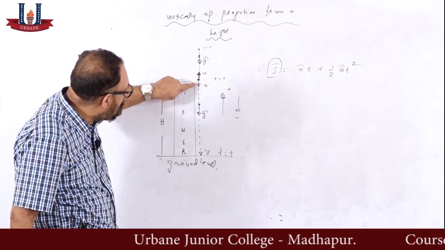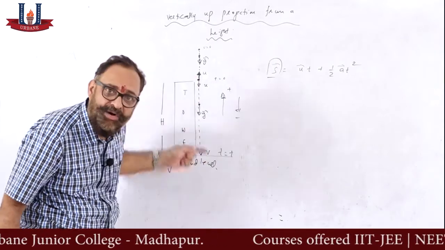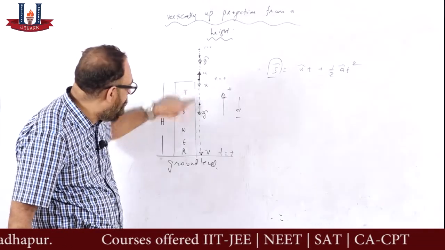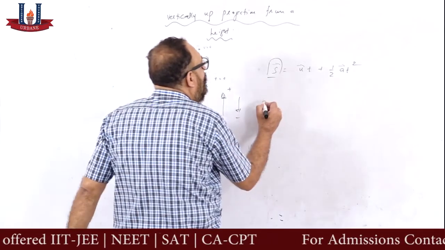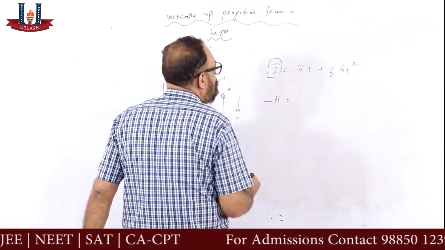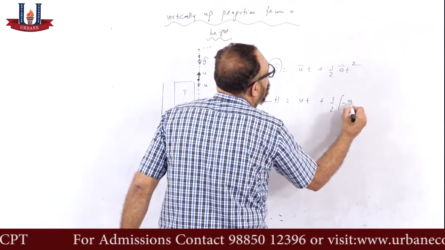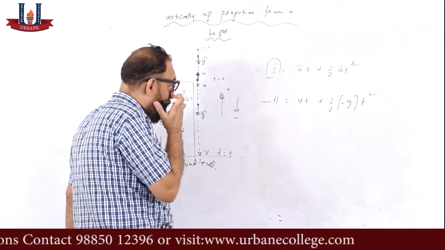Now it further comes down, so its displacement is negative because it's going below the starting point. I already told you that downward is negative, so I'm going to call the total displacement as minus h. Then this will become ut, this will become half, this will become minus g, this will become t square. So it's a beautiful equation that I got.